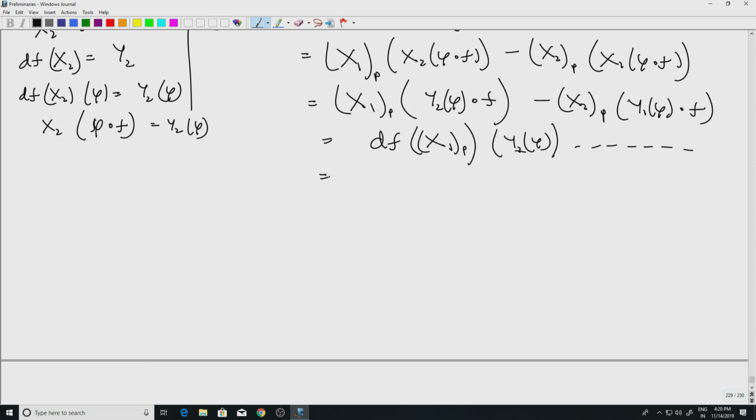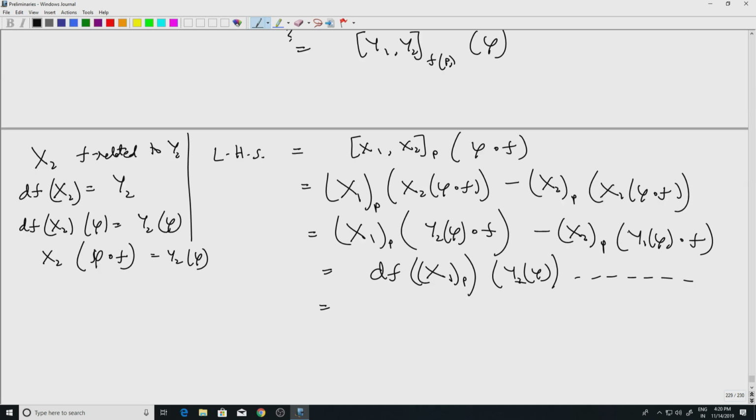So let me just focus on simplifying one term. Again I use the fact that this is at p.